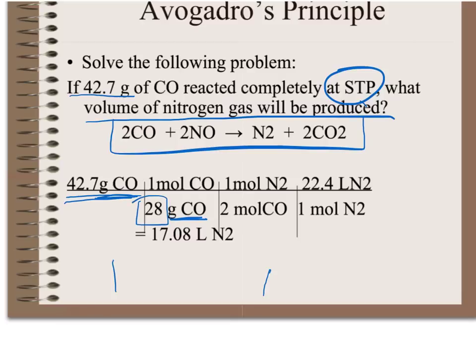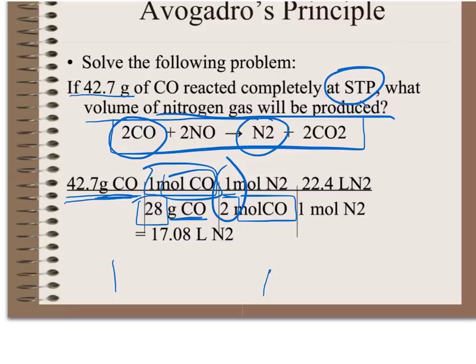So we look to the periodic table to find our molar mass for 1 mole of CO. And then mole of CO goes on the bottom here. And we look at molar ratio. We've got 2 moles of CO and we want to go to nitrogen gas, which is N2, to 1 mole of N2. So those go right here. Then moles of N2 will go on the bottom here.